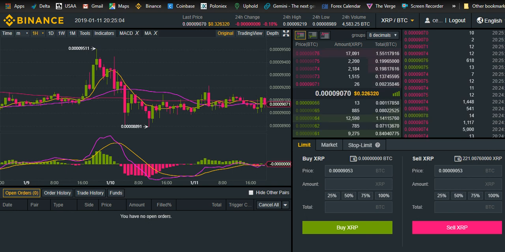That whole fear of missing out works both ways. As people start selling and they see the price start going down, they'll try to jump out real quick in hopes that they'll make some profit. But this market is so new and so immature at this point, it really pays to just buy and hold.